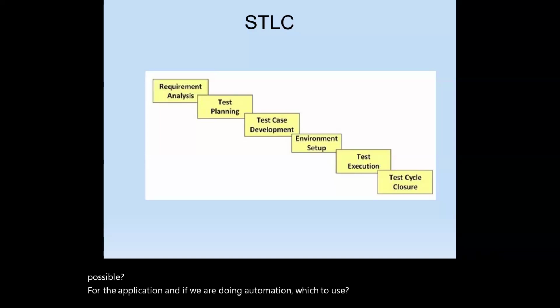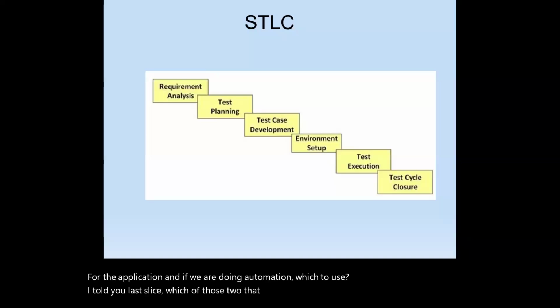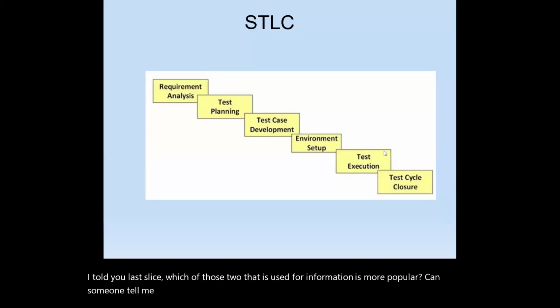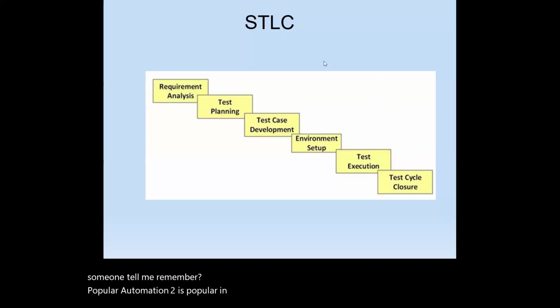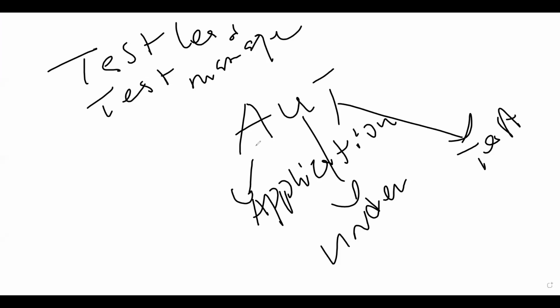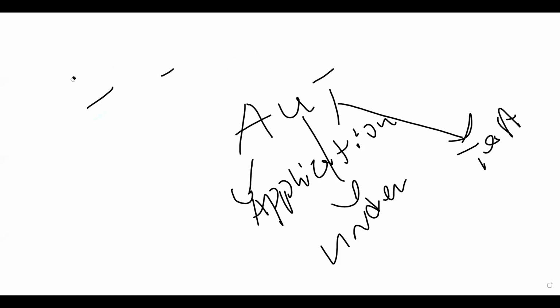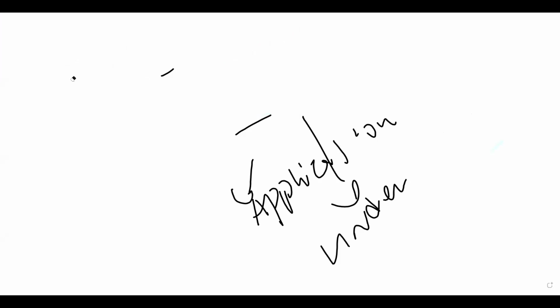I told you in the last slide, which of those tools that is used for automation is more popular? Can someone tell me, remember? What are those automation tools that I told you about in the last section?